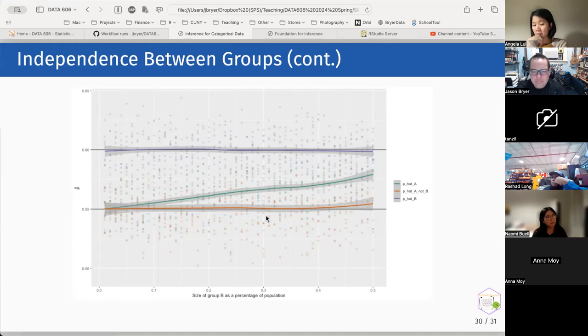Gotcha. So is it like some type of conditional? What do you mean by that? I'm not sure I understand. Let's say you have an entire sample set, and knowing some information about the sample set somehow reduces it, like you take a subset of the entire data set.